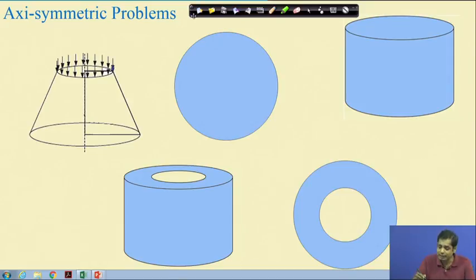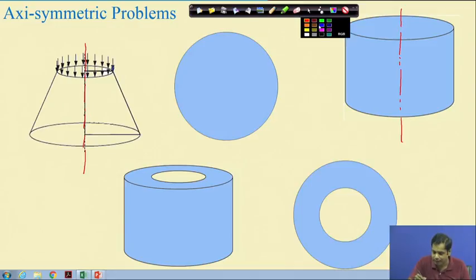For instance, in this case, the entire geometry and the loading are symmetric with respect to this axis. So this is called the axis of symmetry. Similarly, if you take this problem, everything is symmetric with respect to an axis. If you have a loading something like this, for instance, it is symmetric everywhere.